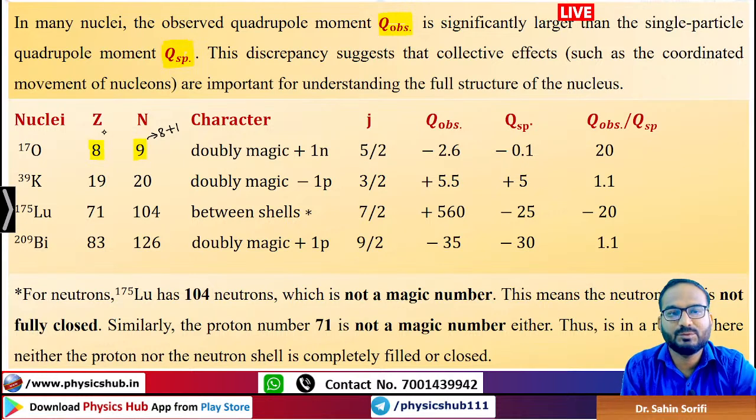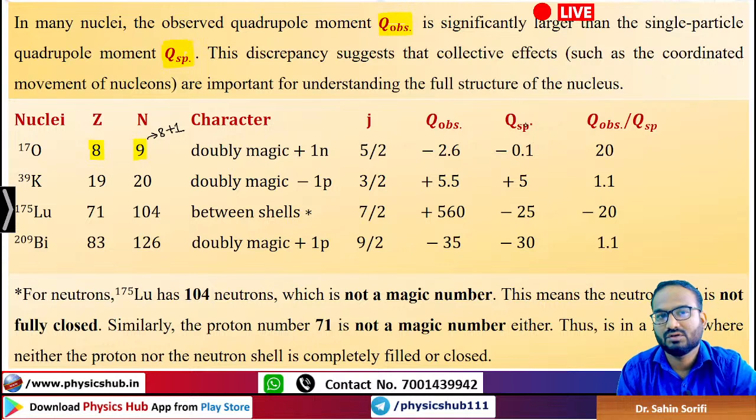Doubly magic means both the neutron and proton numbers are magic numbers. So 8 doubly magic plus 1 neutron. It is talking about this 1 neutron. You will find this neutron will decide the J value, which comes out to be 5/2. Here the observed quadrupole moment is minus 2.6, but the single particle quadrupole moment evaluated from the shell model is minus 0.01, and you can see the ratio Q observed by Q single particle is 20.